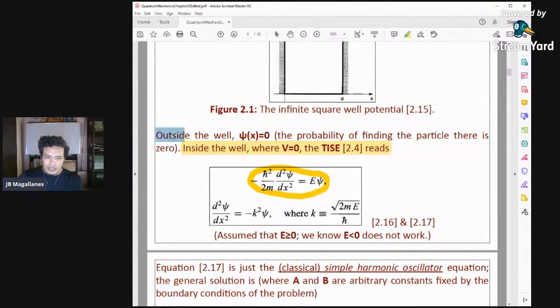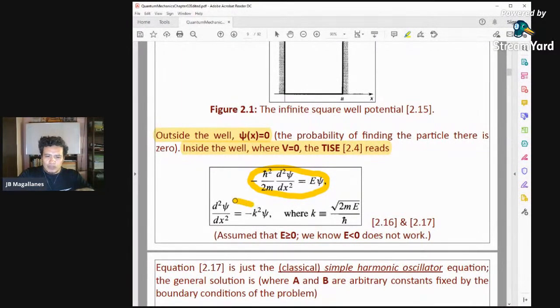Outside the well, phi of x is equal to 0. Why? Because we cannot find a particle there, so there's no wave function that represents the particle. Inside the well, this is the Schrodinger equation.